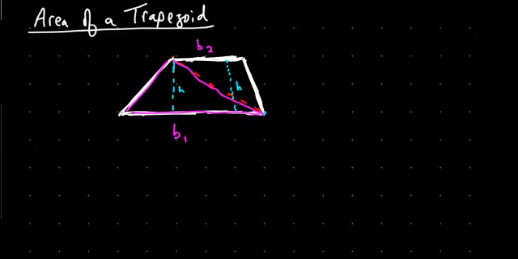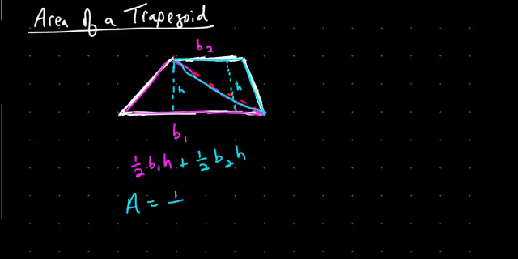we get first this triangle, and for that one the area is 1/2 base 1 times height. And then let's do this triangle plus 1/2 base 2 times the height, and we get the formula for the area of a trapezoid. We can pull the 1/2 h out of both of them.